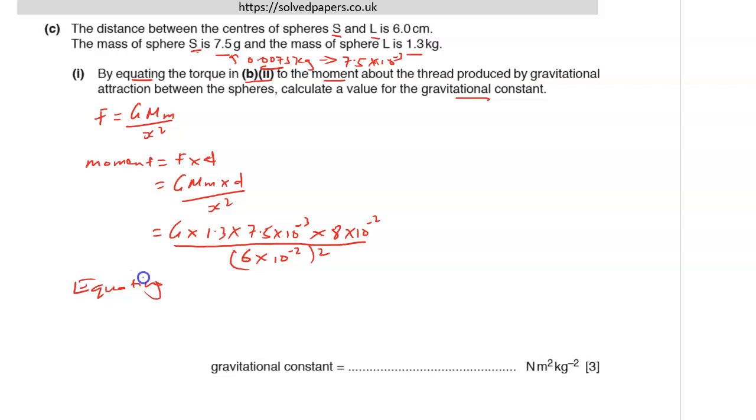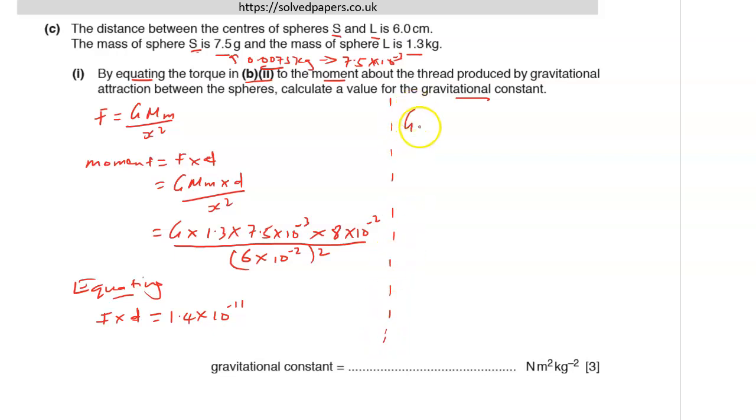Now let's equate. We are supposed to equate the torque to the moment. The torque, we know, is force times d, and this we had gotten to be 1.4 times 10 raised to power minus 11. So let's equate this to the moment.